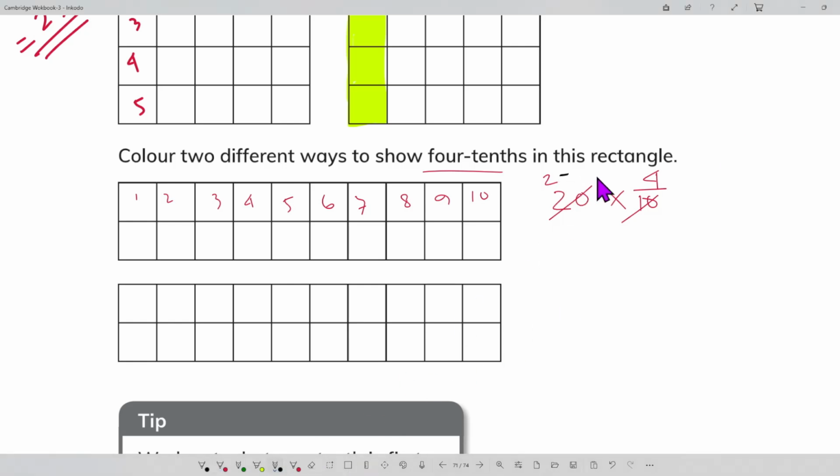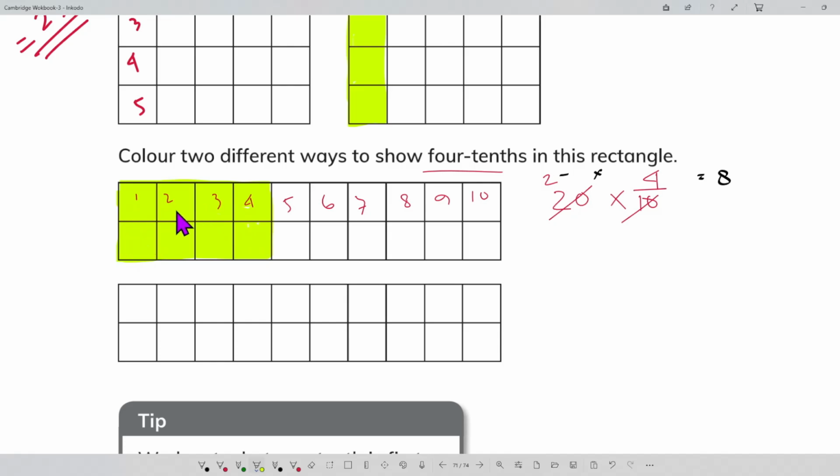So 2 times 4 will be 8. We will color 8 squares. First 1, 2, 3, 4, this one we can mark. Here is a total of 8 squares, done.